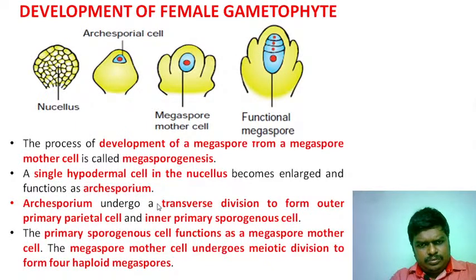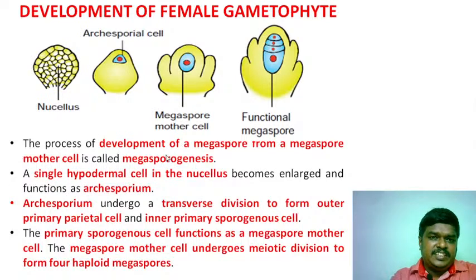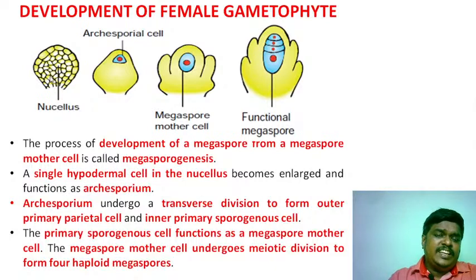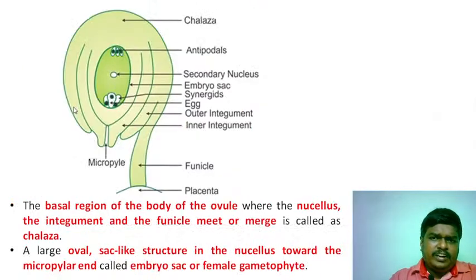Like how the homogeneous cells form the archesporium in microsporogenesis, a similar process takes place here. That is called megasporogenesis. What is the nucellus?